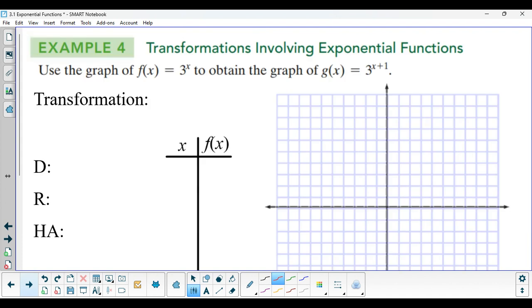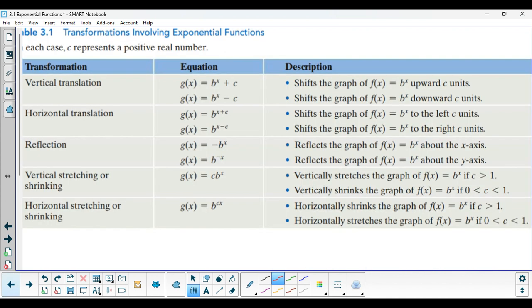It says use the graph of 3 to the x power, which we'll look at in the checkpoint, to obtain the graph of 3 to the x plus 1. That x plus 1 is the thing that we're trying to see what's going to change.